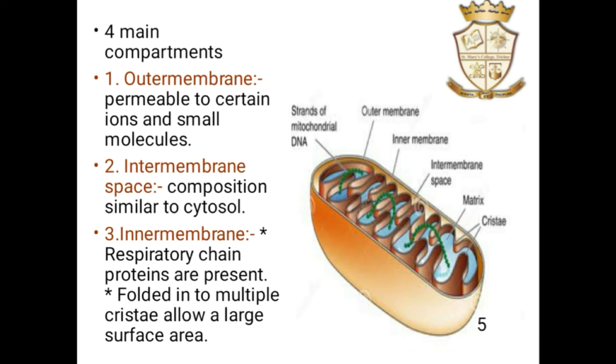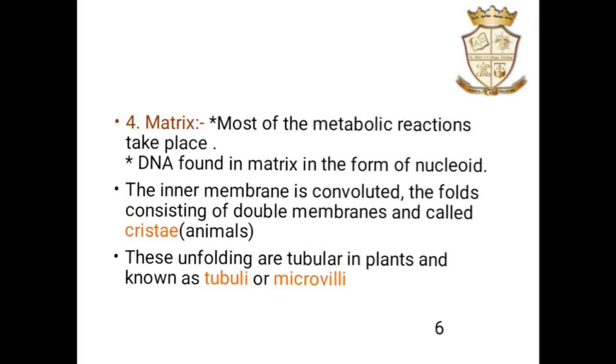And the third compartment is the inner membrane. The respiratory chain proteins are contained in the inner membrane, and it is folded into multiple cristae. This is folded into cristae shape and allows a large surface area. Then the fourth compartment is the matrix.